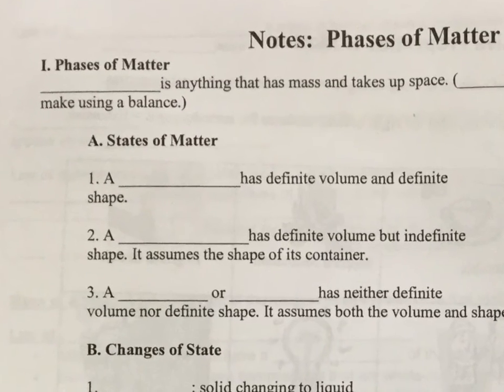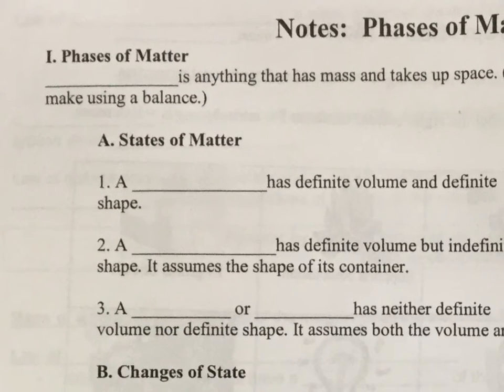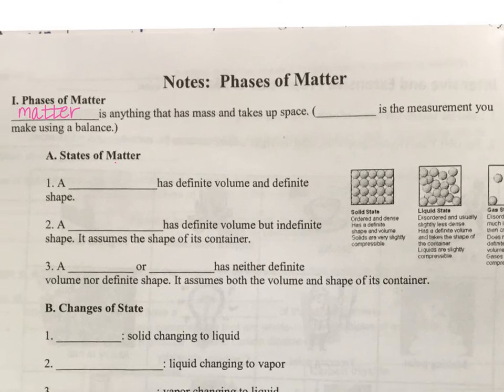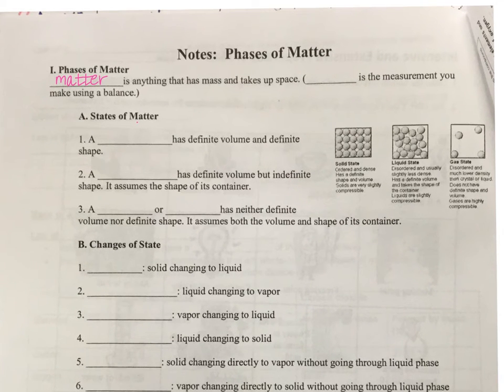So we're going to start up at the top. What is anything that has mass and takes up space? Don't overthink this. It's matter, yeah. Okay. And what is the measurement that you make using a balance? What do you use a balance to measure? Mass. Okay.